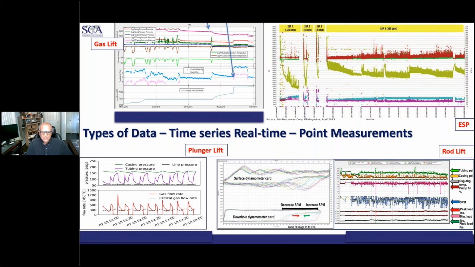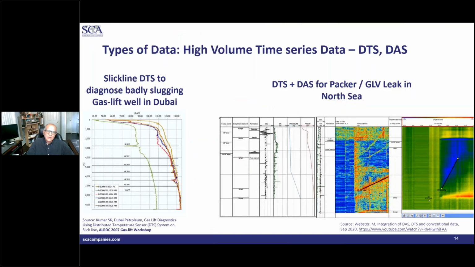So what your takeaway should be is that we have a variety of real-time point measurements coming, depending upon the number of sensors deployed, the sophistication of the SCADA system, and the sophistication of the control mechanism.